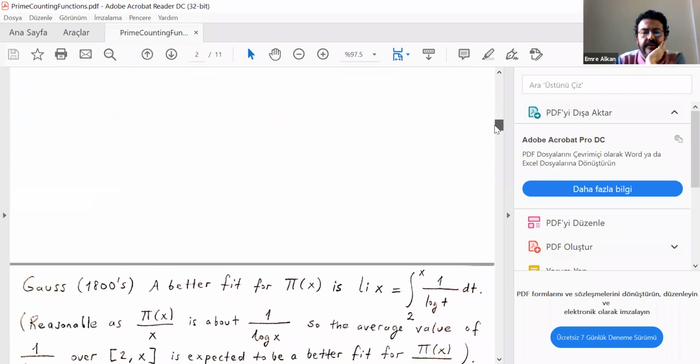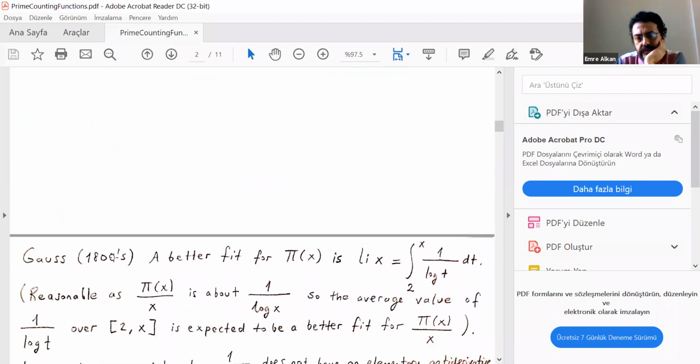Now, it turns out that before Legendre, Gauss made some remarks about pi of x. Of course, Gauss made many remarks. He was a mathematician who liked to work on problems offering a lot of structure. So probably he felt that this problem on pi of x didn't have much structure, but he made this remark, and that was his great mark on the subject.